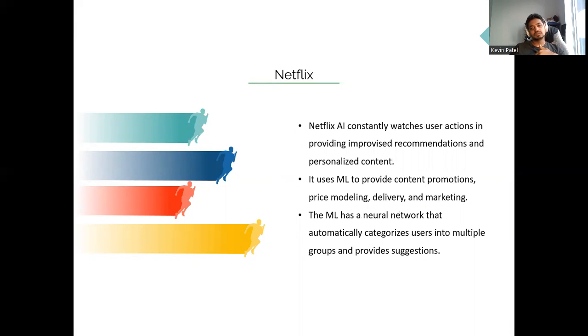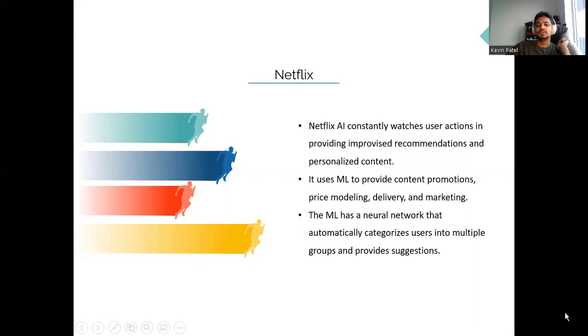Same way Netflix. Netflix also has an artificial intelligence engine and neural network, which records user actions and improves the suggestions. Netflix, as we know, has the most intuitive suggestions, all different per user, because Netflix has different user categories, and according to the category and user history, the machine learning algorithm generates different suggestions for different users, so that everyone gets the feeling of personalization and some kind of different suggestion.